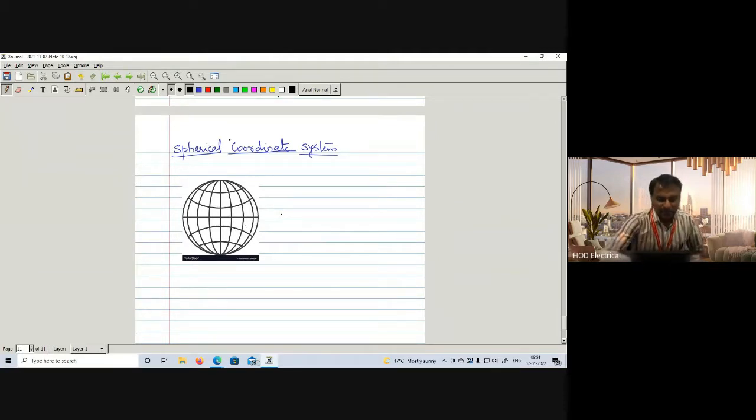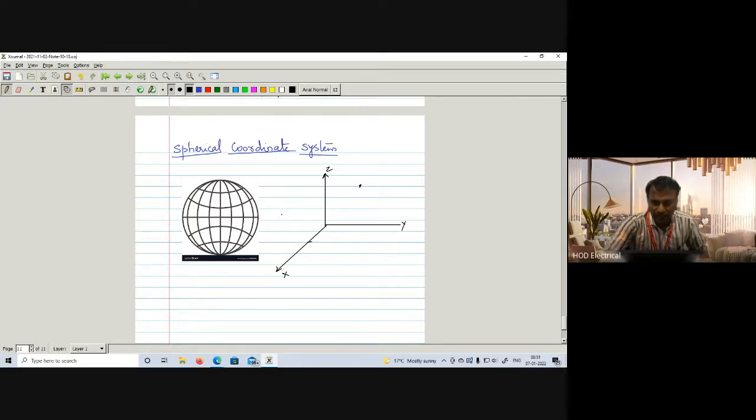Let me first recall the Cartesian coordinate system, whatever we have learned already. If we have three axes, x, y, z, in the Cartesian coordinate system, and you want to represent one point in this three-dimensional space, first we take the projection.